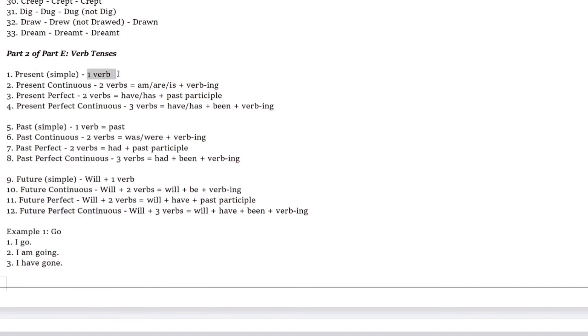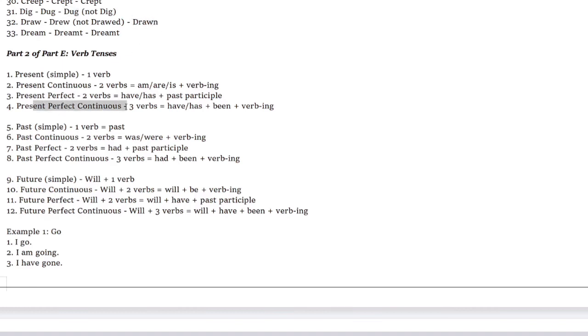Now let's see present. The simple present has only one verb in the sentence. Present continuous has two verbs, that is, am, are, or is plus verb-ing. You take the basic verb and add ing to it. It becomes a present participle. Present perfect is two verbs, have or has, and the past participle. All these are the past participles.